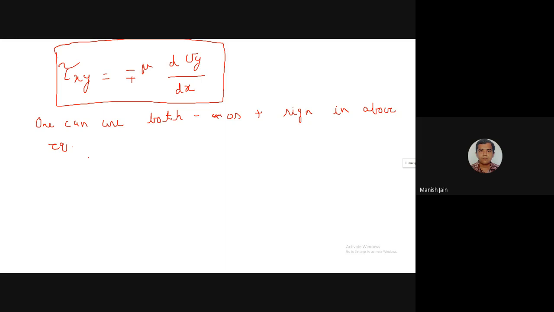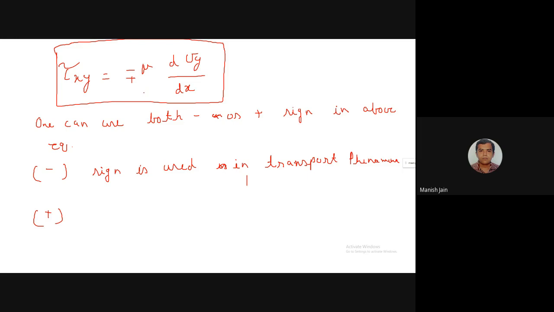Generally the minus sign is used in transport phenomena books, and the positive sign is used in fluid mechanics books. In any fluid mechanics book, you will find Newton's law of viscosity tau xy equal to plus mu dv_y by dx.